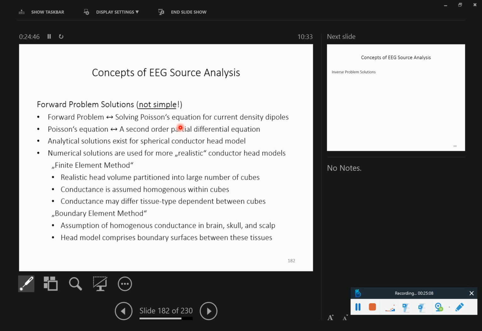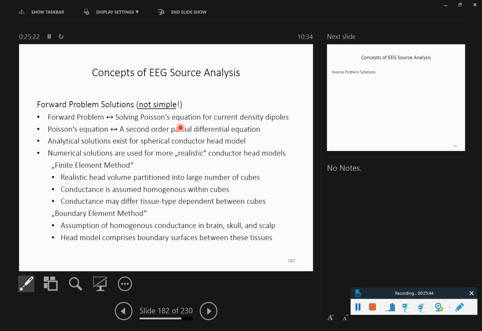So essentially the forward problem is a problem in numerical mathematics based on an equation from physics that says, okay, you have this potential here at this location in space. What is it at a different location in space? You can then build in 3D models using known conductance properties. So you have to fix some conductance properties to compute what is the potential that should be detectable at the level of the scalp.